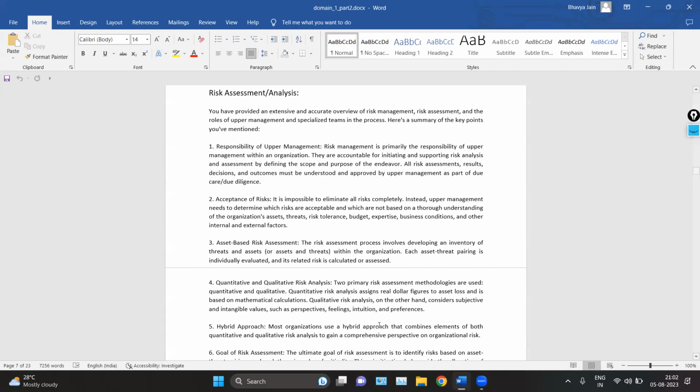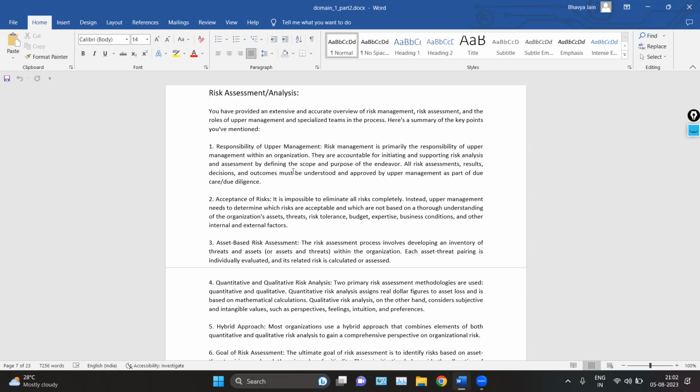Risk management is divided into three parts: risk analysis, or we can say risk assessment, then risk response, and then risk awareness. Risk assessment is all about finding the risk, finding the impact of the risk, and prioritizing the risk, like which risk is high, which is medium, and which is low.